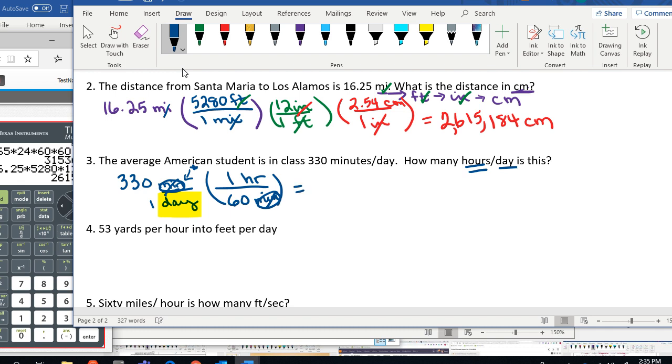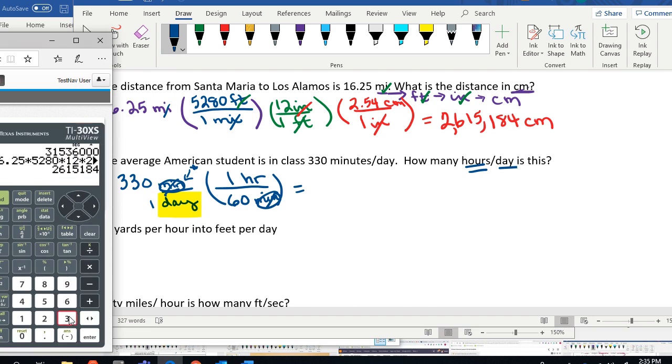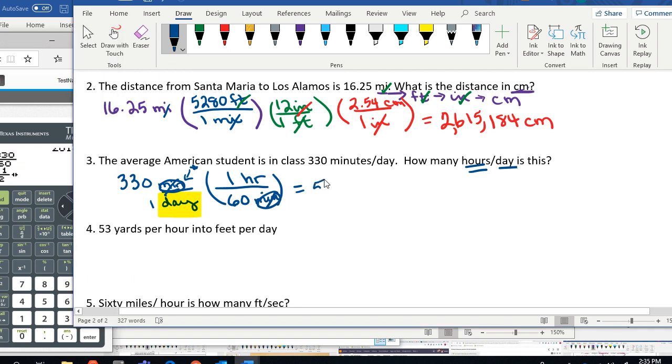So with that said, I'm going to take my calculator and I'm going to go 330, and that should have been an N over D, and then 60's on the bottom. 11 over 2, 5.5. Okay, so 330 is 5.5 hours per day.